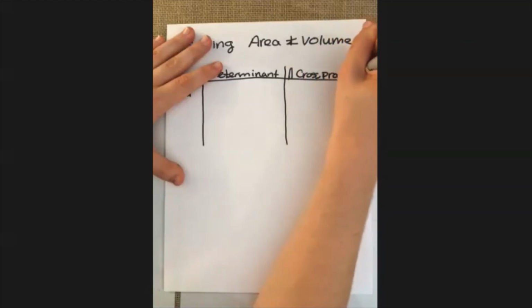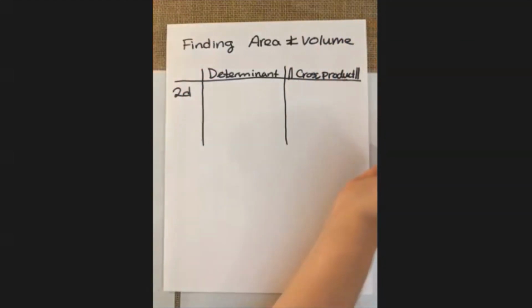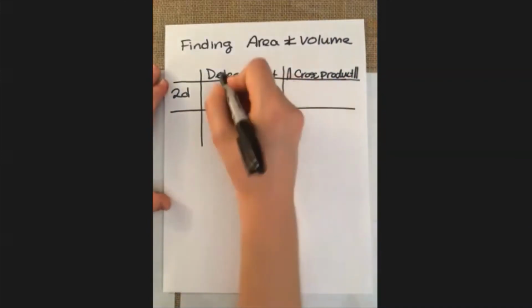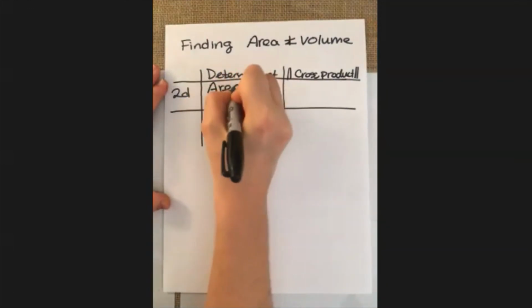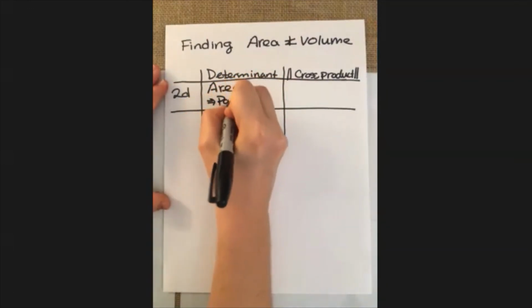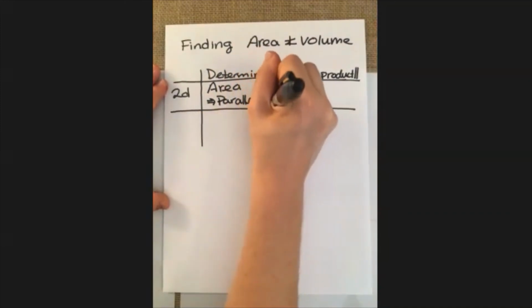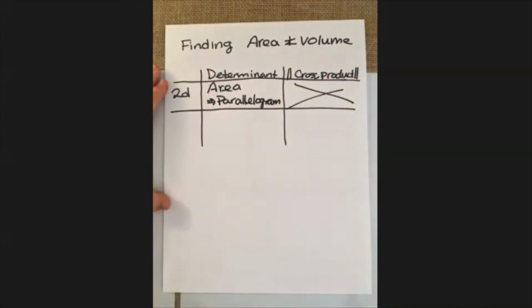And actually in this situation, you really don't even want to use the length of the cross product. You just simply want to use the determinant. And this, because the two-dimensional case will always give you a parallelogram. And we're not going to use the cross product in that situation.